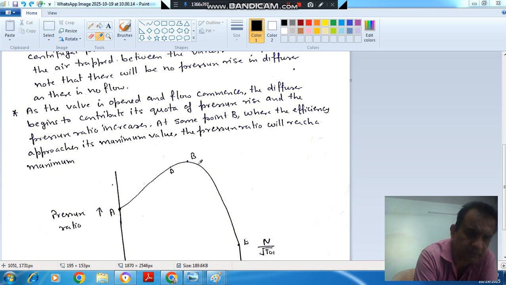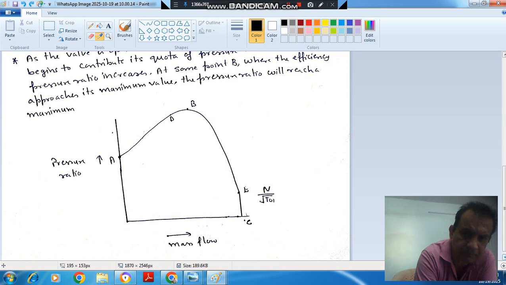So the pressure rise does not increase after point B. It starts decreasing. And as we go on increasing the mass flow rate, the pressure starts decreasing in this way. And finally it becomes equal to 1 at point C.